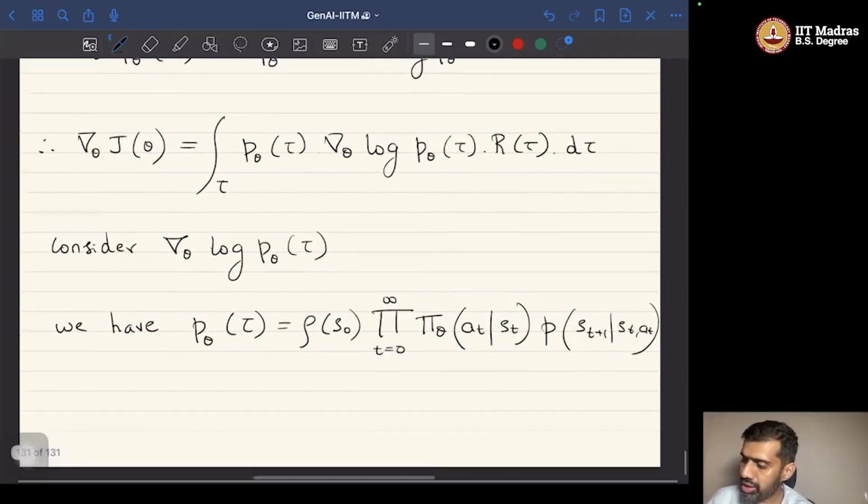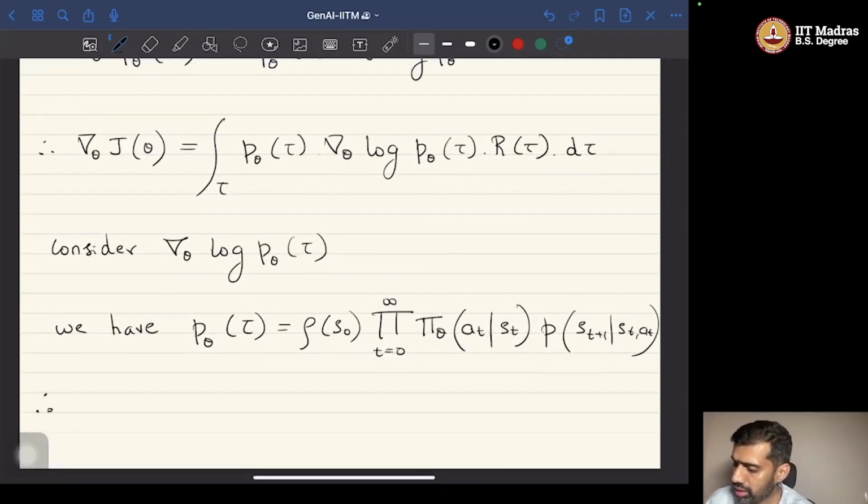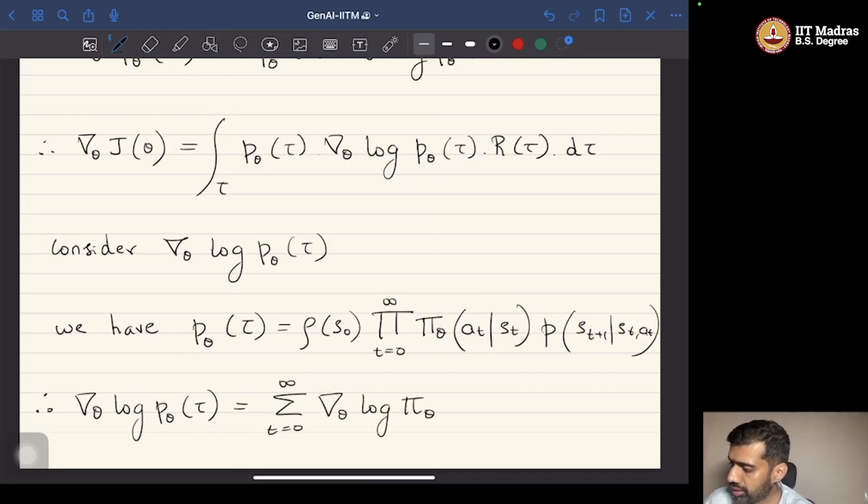So this is the definition of p theta. Therefore, the gradient of log of p theta of tau is equal to the sum over t from 0 to infinity of the gradient of log of pi theta a t given s t.